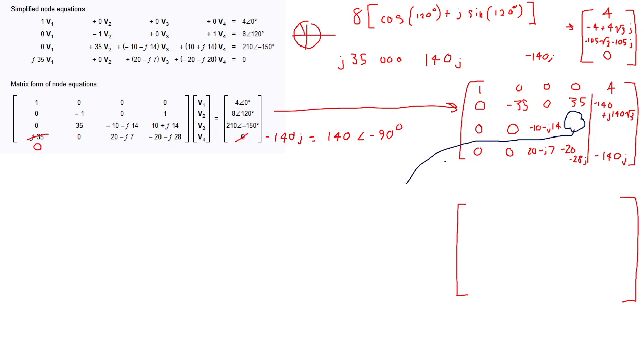And I'll just fill in what goes there. So that's 10 plus J14. We're adding a positive 35 to it. So this is just going to become 45 plus J14. Which is fine. And so then I need to take the element here, and we're adding it to the element here.